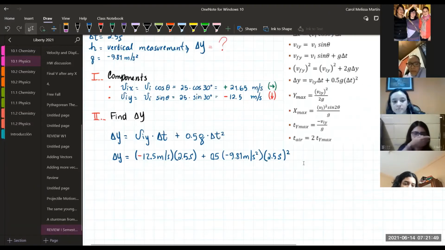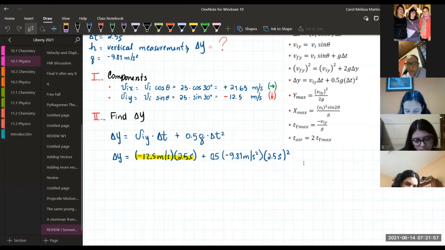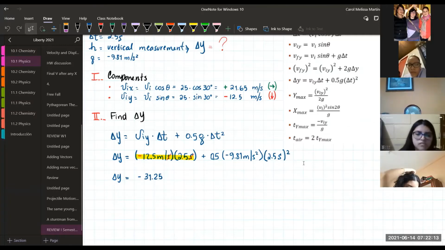So only from this part I got negative 31.25. Take a look here. I cancel these seconds with the seconds from the time. So my remaining unit will be just meters.